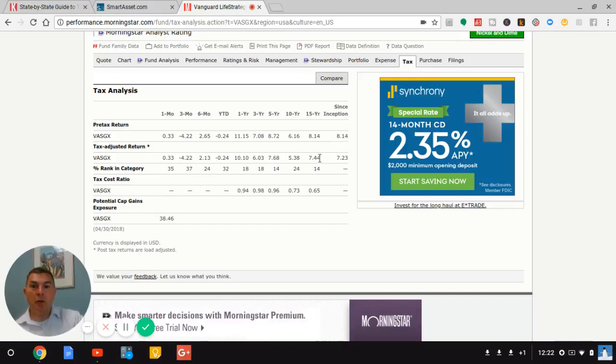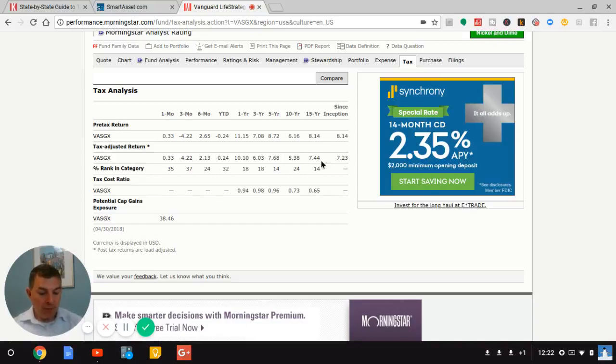Percent rank in category, it's in a, let's see, tax adjusted return. Okay, right there. Tax adjusted returns. We've lost 8.14 minus 7.44. So we lost 70 basis points on taxes. So we take 8.14, minus 0.7, that gives us 7.44.